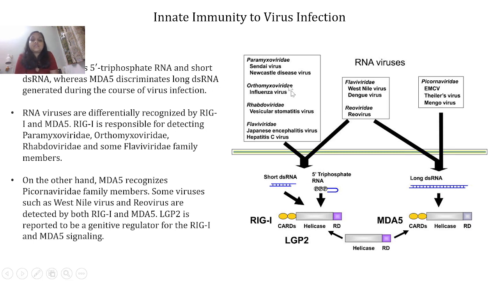So RIG-I is responsible for paramyxoviridae, orthomyxoviridae, rhabdoviridae, and some flaviviridae, while MDA5 can recognize picornaviridae, and some viruses such as West Nile virus and reovirus are detected both by RIG-I as well as MDA5. And LGP2 is reported to be a genetic regulator for the RIG-I and MDA5 signaling, like the LGP2 molecule can act as a regulator for both of these signaling.